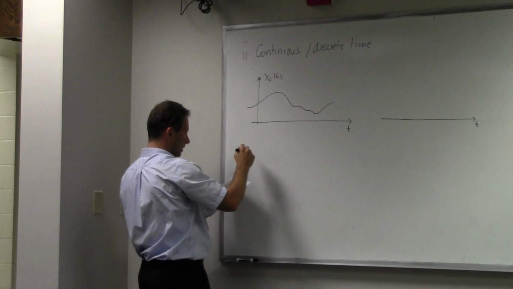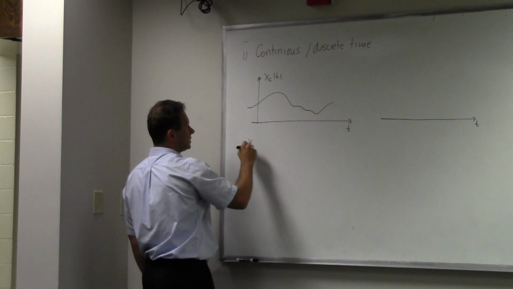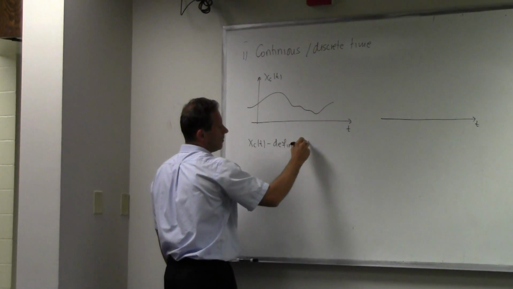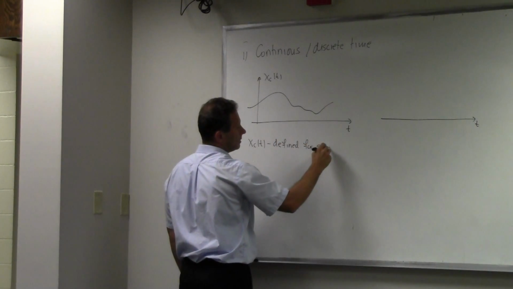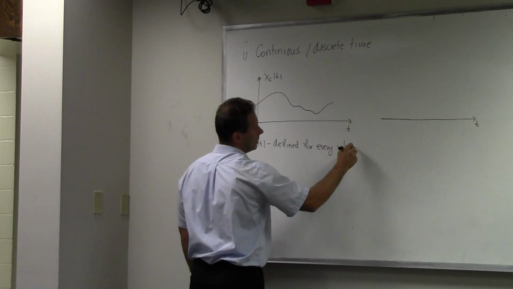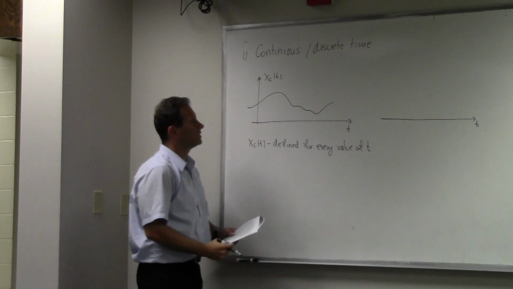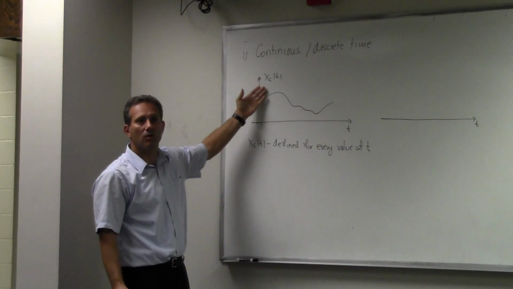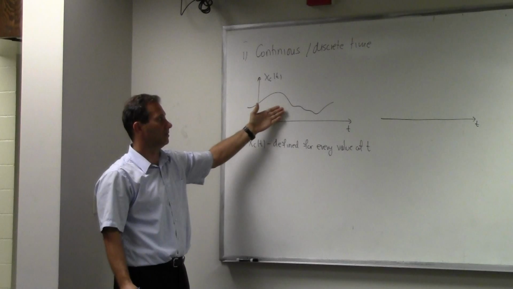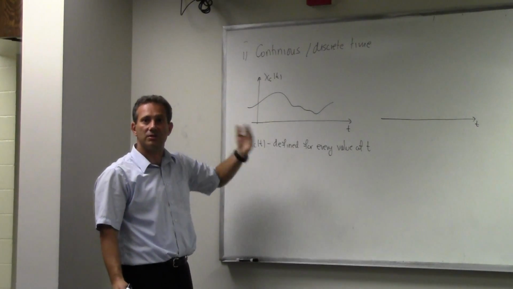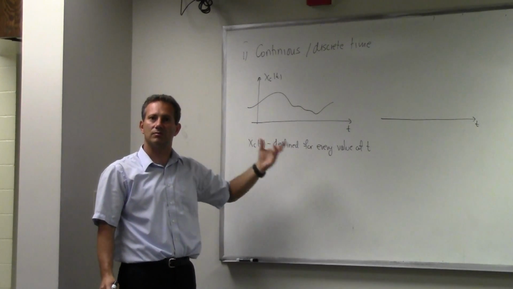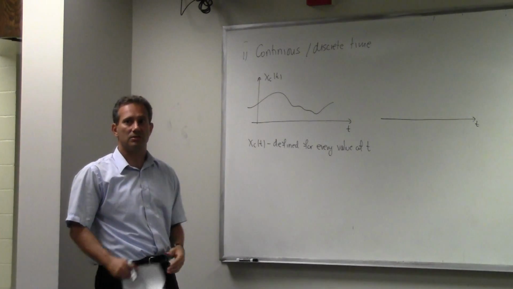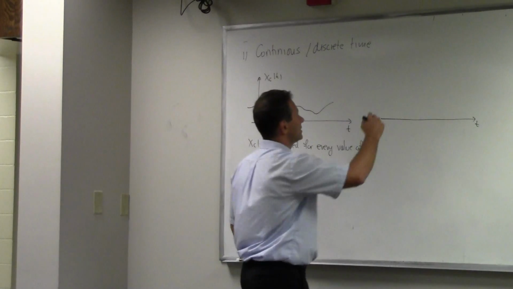And the formal definition here is xc of t is defined for every value of t, right? So if the signal exists for every value of t, then the signal is called continuous time, right? Special case, it may be 0 at some t, right? But as long as we know what it is for any given t, then the signal is continuous time. It exists over the entire t-axis.